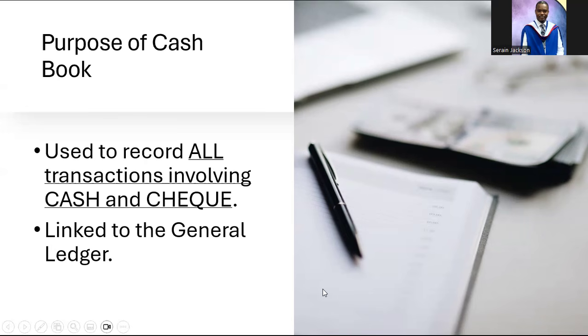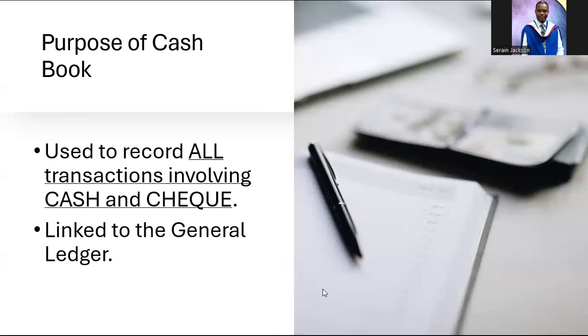The cash book is really a combination of the cash account and the bank account. They put both of them into one and just call it cash book. The cash book is also linked to the general ledger, and you will find cases where it is linked to the purchases ledger and the sales ledger. So basically, if you ask me, the cash book is linked to all the ledgers.